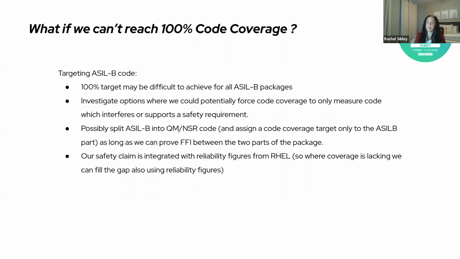There's also the possibility of splitting it into separate parts for QM and NSR code, where we can assign the code coverage target to the ASIL-B part. What we'd have to ensure is that we have the FFI between the two parts of the package, freedom from interference. Additionally, our safety claim is integrated with reliability figures with RHEL, so this would be part of our justification.